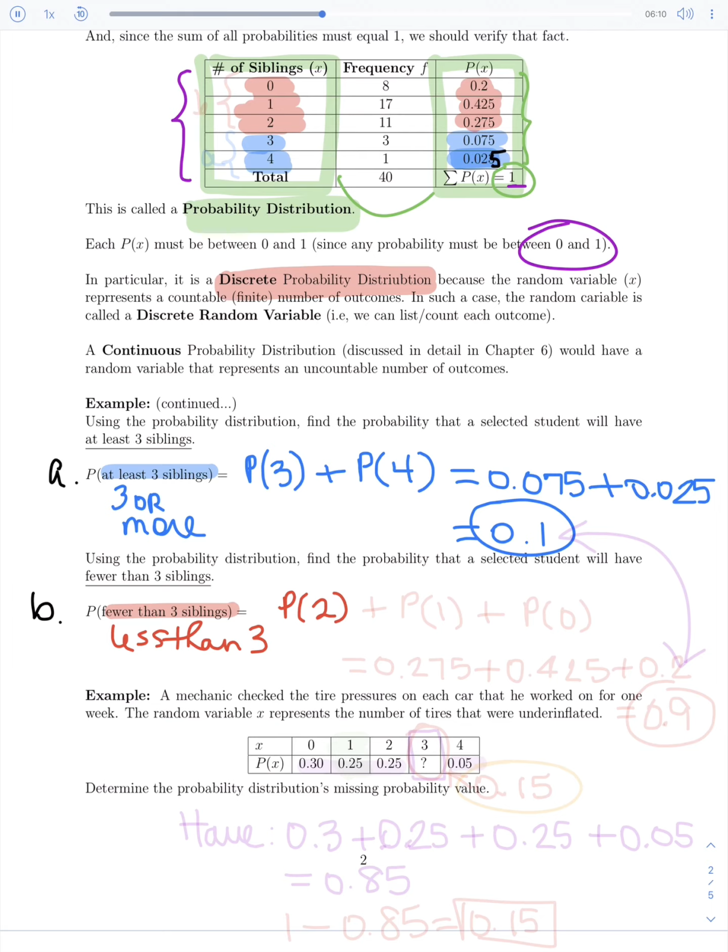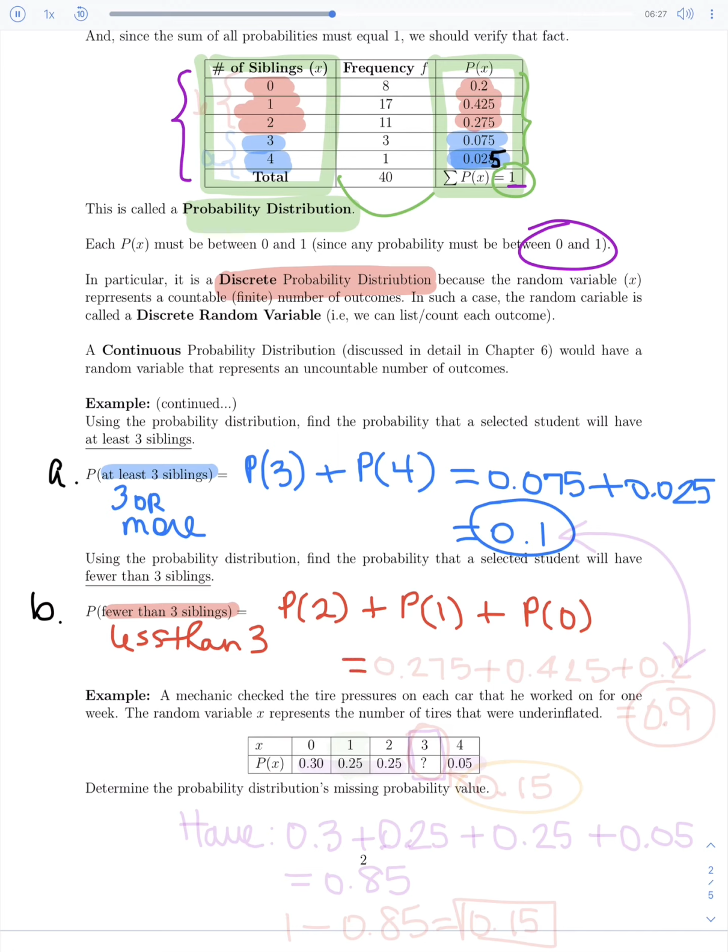Remember, I'm saying the probability of having 2 siblings, or 1, or none. Keyword is or. That's why I'm adding everything up here.